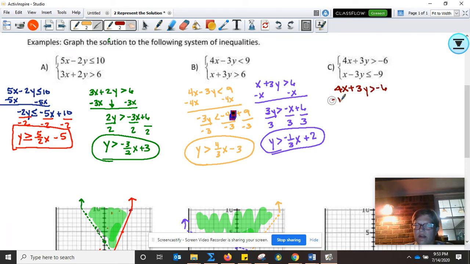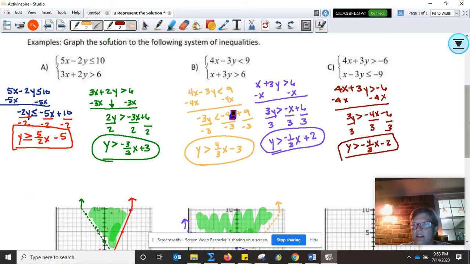So I'm going to subtract 4x. And I'm left with 3y is greater than negative 4x plus 6. Oh, minus 6. Divide every single term by 3. I have y is greater than negative 4/3 x minus 2.